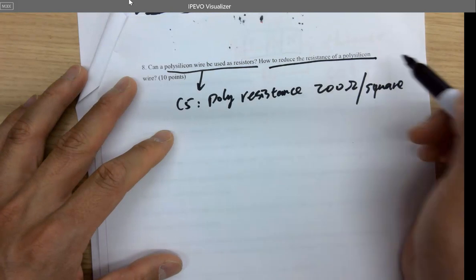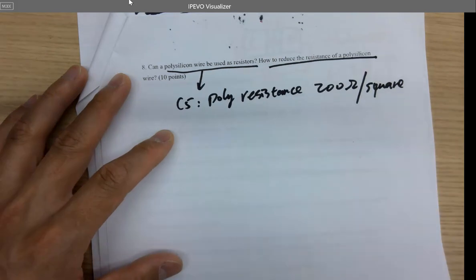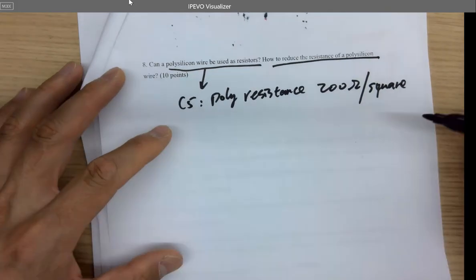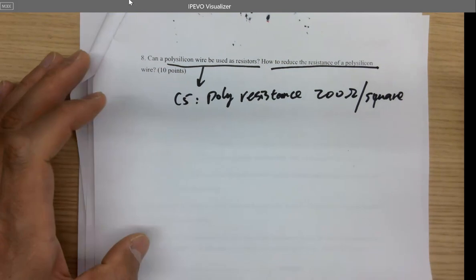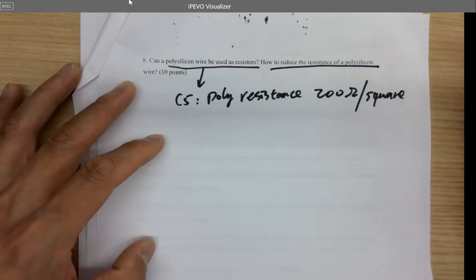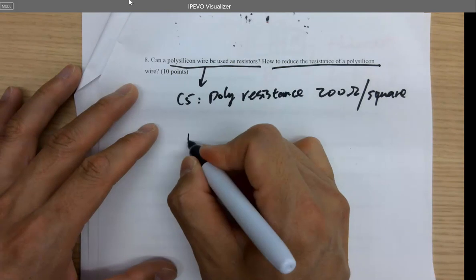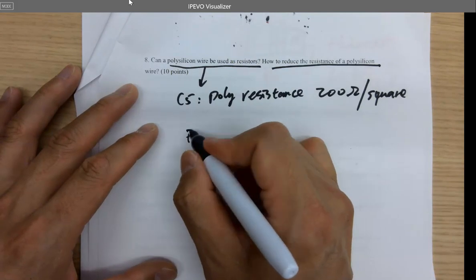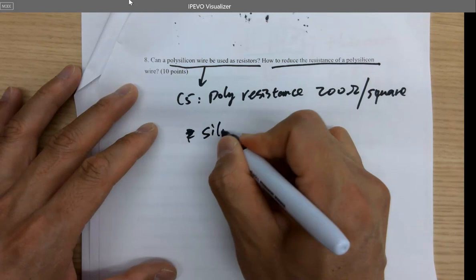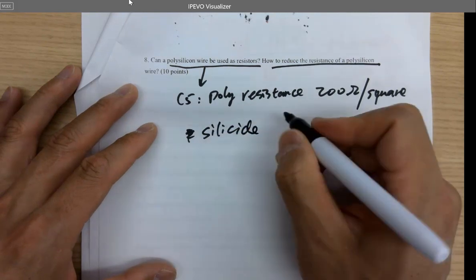So how to reduce the resistance of polysilicon wire? If you have to route the signal using the polysilicon layer, there's a way that you can deposit a polysilicide, right? It's called silicide on the top.